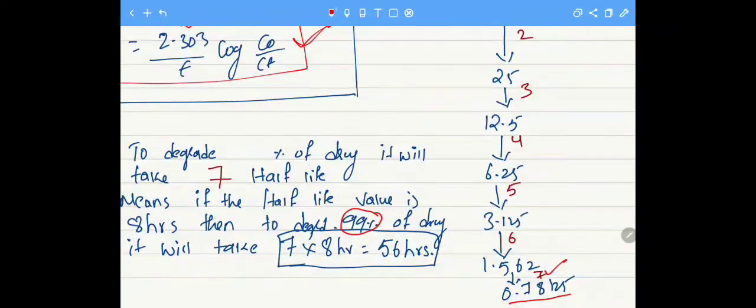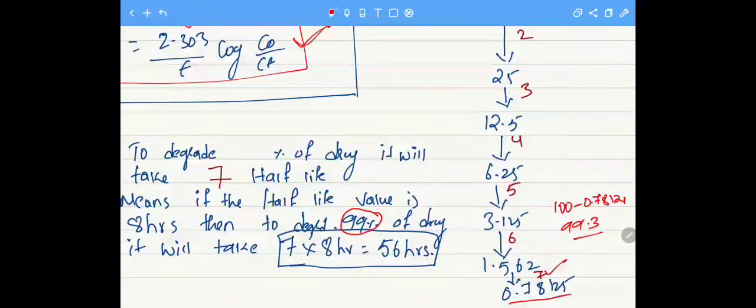So 100 minus the remaining 0.78 after 7 half-lives, that is 0.78125, will be the remaining value. So it will give almost 99.3. So it will take 7 half-lives to degrade 99% of the drug. Remember this carefully.